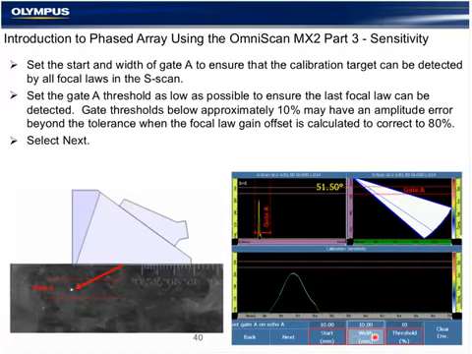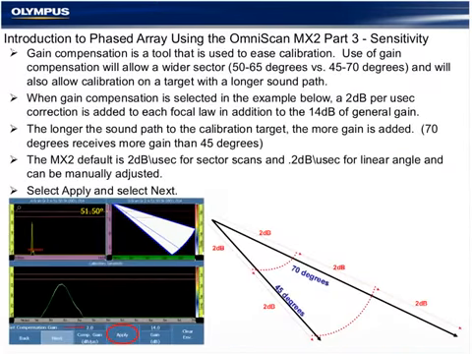Select Next, and we have a step for gain compensation. This is a feature that's fairly unique to Olympus we created to allow a wider sector scan to be calibrated or a longer time of flight.